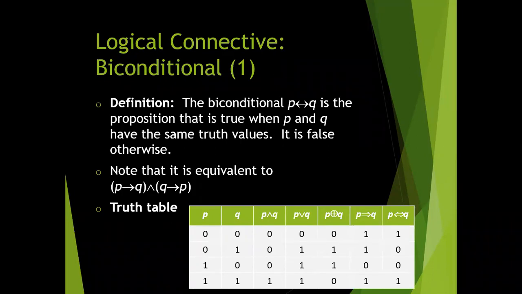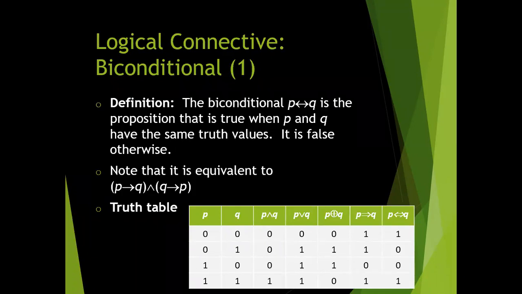The biconditional of P and Q is the proposition that is true when P and Q have the same truth value, and false otherwise. Look at the sign: the biconditional connective will be true if and only if both propositions have the same value.